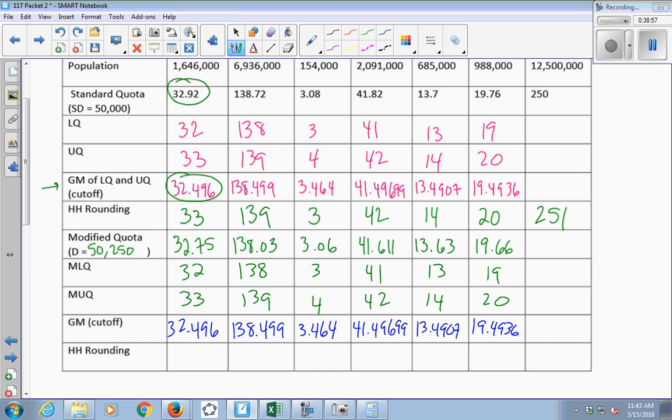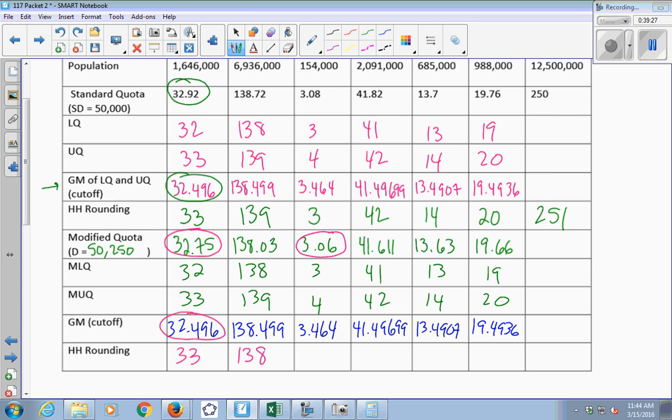Okay, so now I'm going to compare my modified quota to my cutoff and decide how to round. Okay. So in this first one, 32.75, should I round it up or down? Up. 138.03, up or down? Down, 138. 3.06. Up or down?